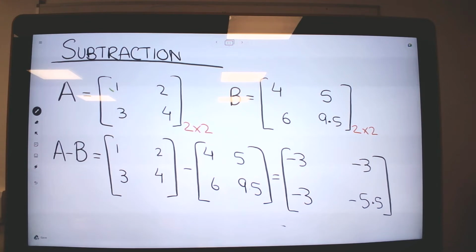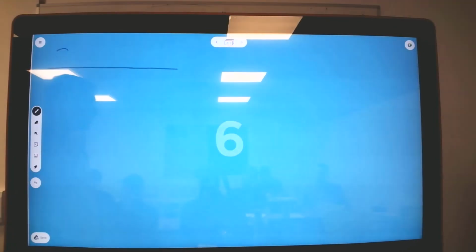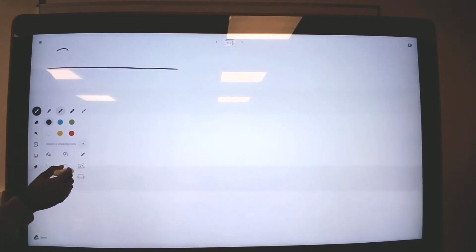Any questions so far? We did the addition, we did the multiplication. The next bit is the type of the matrices.